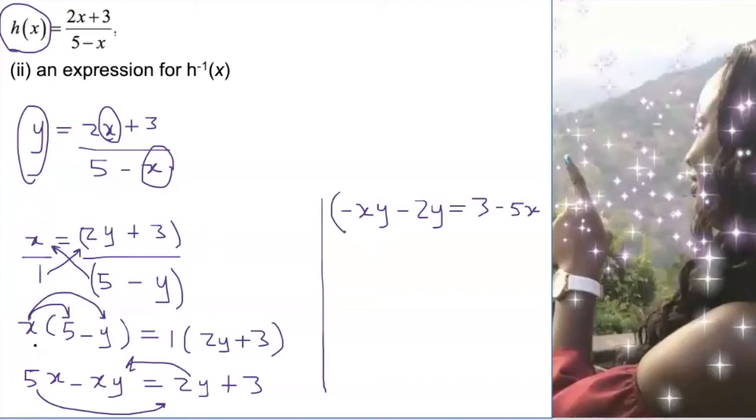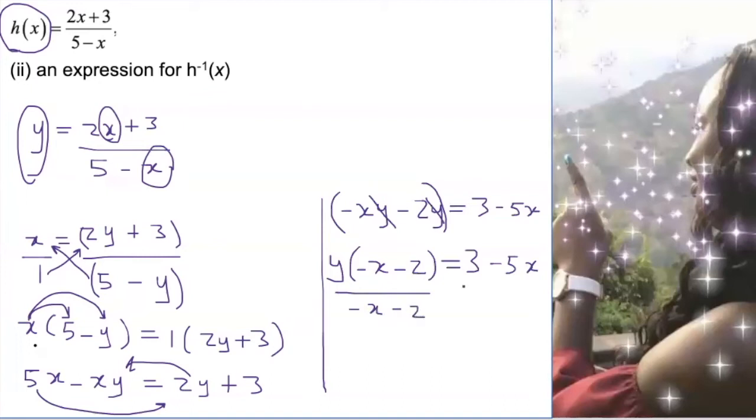The next step, I'm going to put a bracket here and factor out y. So when we factor out y, it means it's no longer in these positions. So what do I have left? Minus x minus 2 is equal to 3 minus 5x. Then we divide both sides by minus x minus 2.